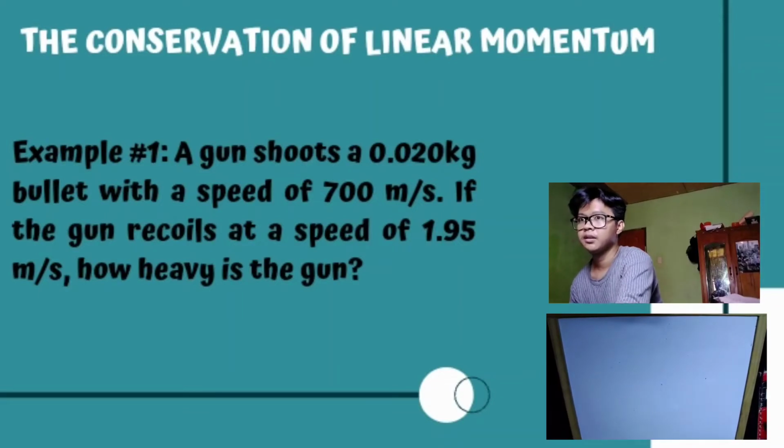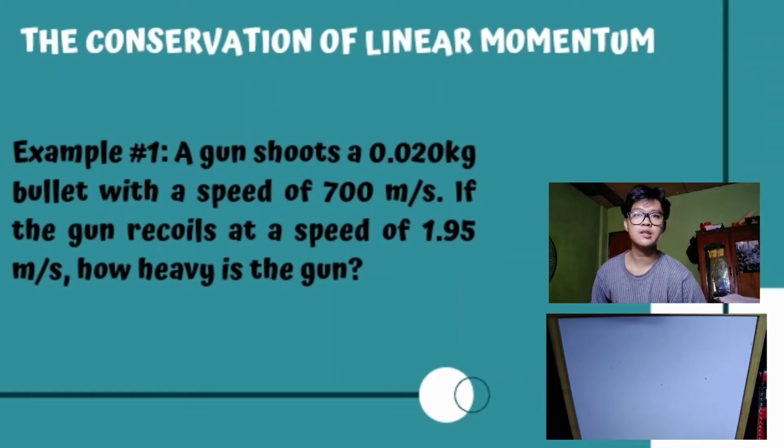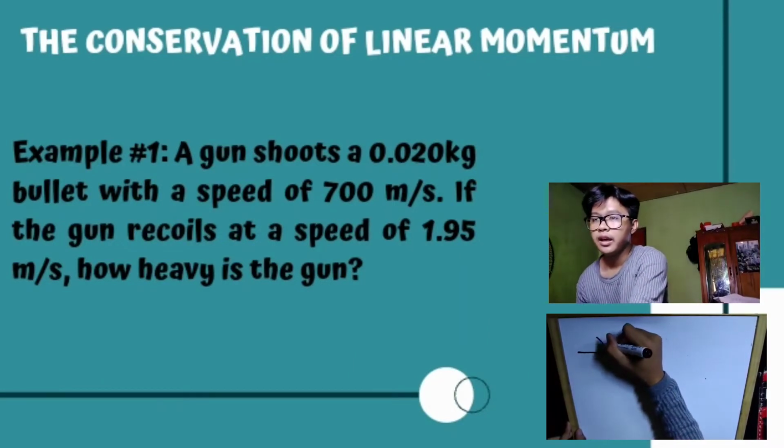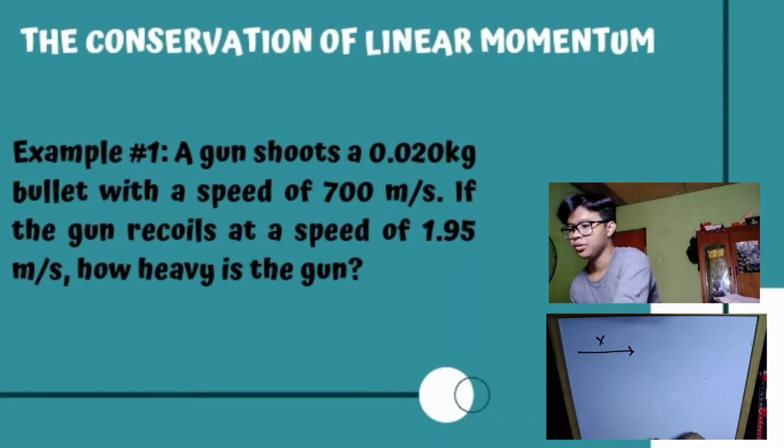After that, an explosion occurred inside the shell of the bullet, and then the two separated. Let's say this is the x-coordinate that we will use here, and the bullet moved to the right, as we assume that is the positive x direction.